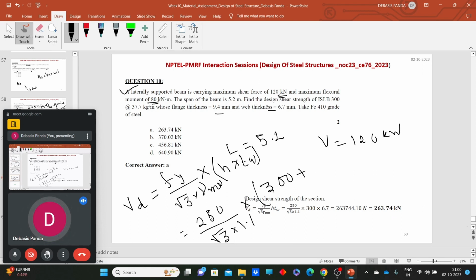What is the value of TW? Thickness of web is 6.7. So 300 into 6.7 comes as 263.74 kilonewton. So 263.74 kilonewton will be the right answer.